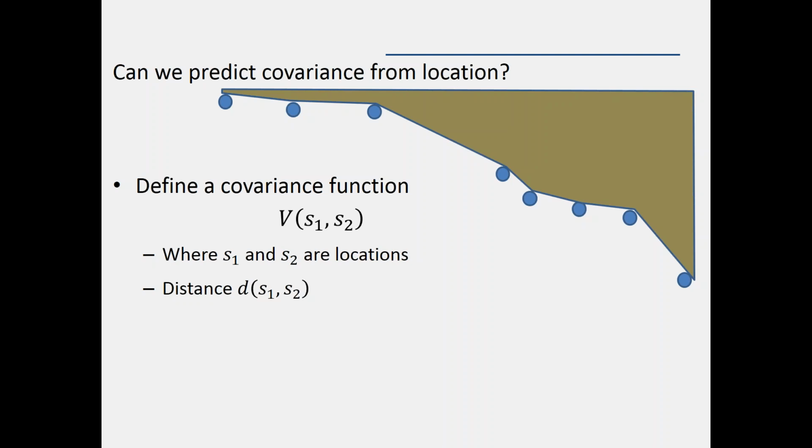S we'll use for space and T for time, given the distance D between location S1 and S2.